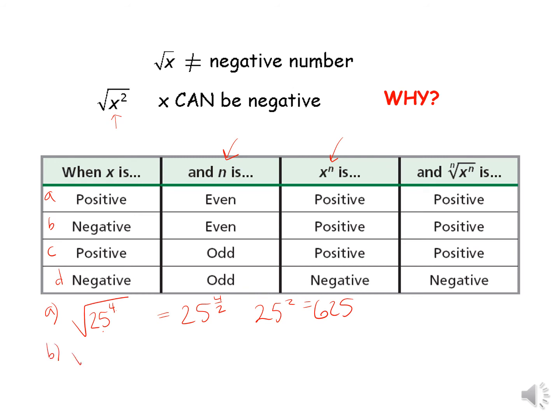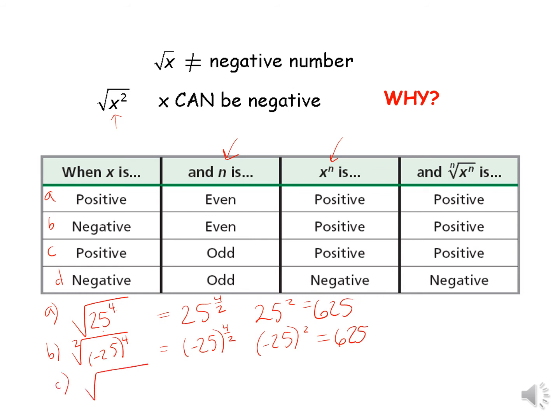Okay, B, I did x is negative, so I put a negative 25 in there, and I used the same radicals, but you have to be careful. So this is negative 25 to the 4 over 2, and that would be negative 25 squared, which is also going to be 625 because the negative gets squared, which makes it positive.